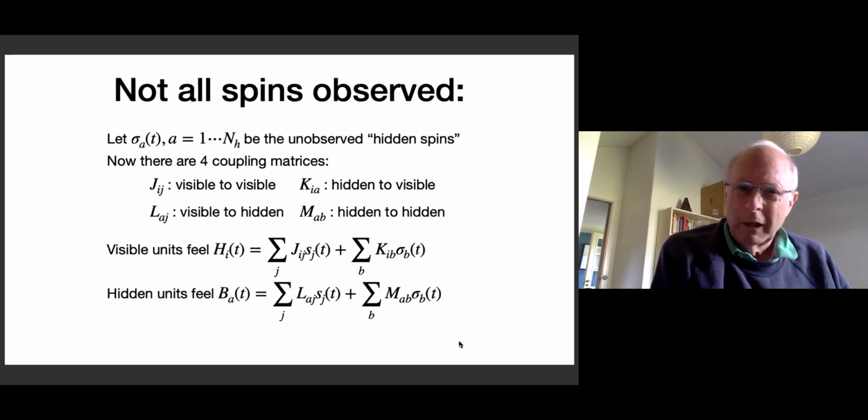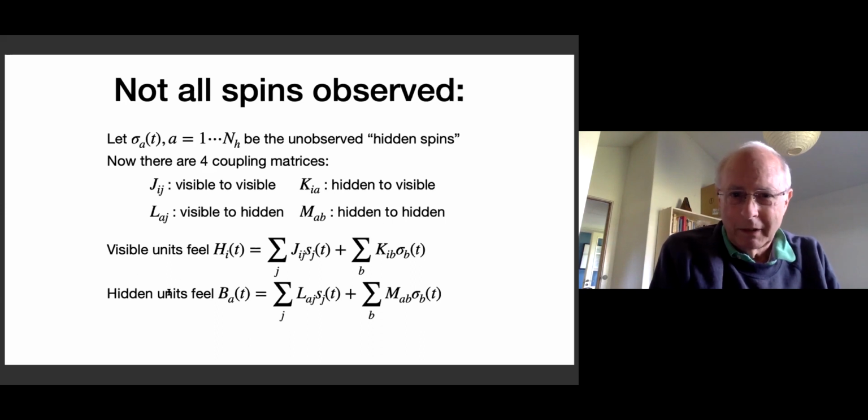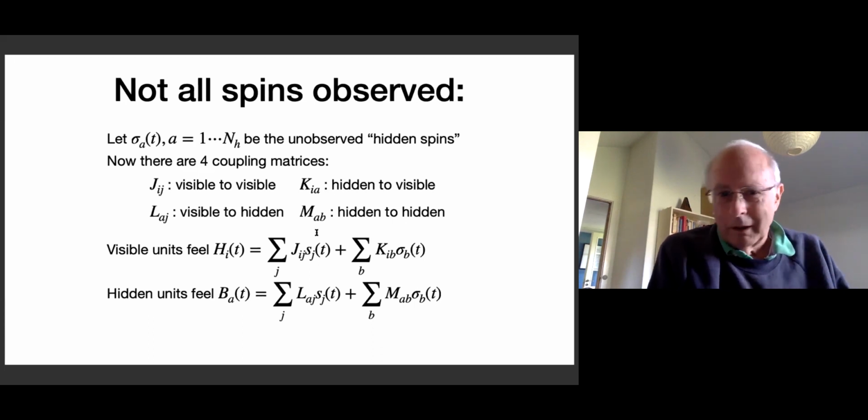Now I have to worry about four different matrices, not just the J's. We have the J's, which are the visible to visible connections. There are also some connections from the hidden to the visible, which I call K. There are ones which go in the other direction, from the visible to the hidden, which I call L, and the hidden to hidden ones I call M.